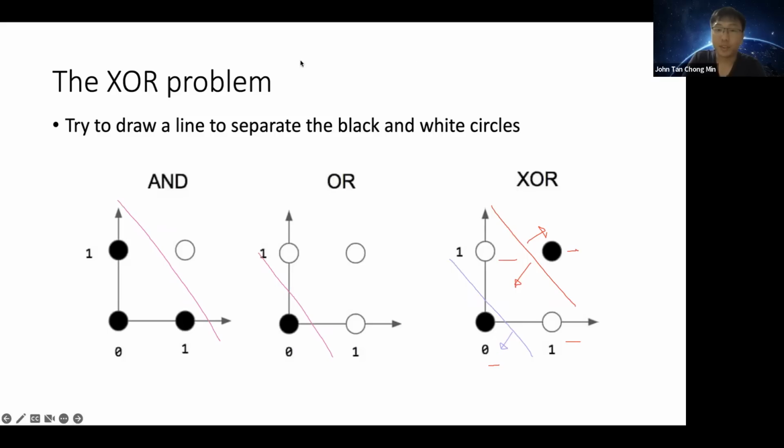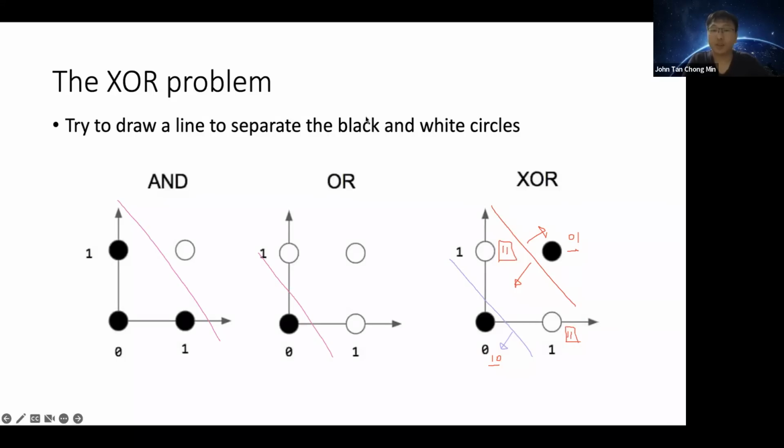Let me just redraw this again. So this one should be 1, 1, 1, 1. And then this one will be 0, 1. And then this one will be 1, 0. So the only case whereby both linear classifiers classify both as 1 is at this middle node here.